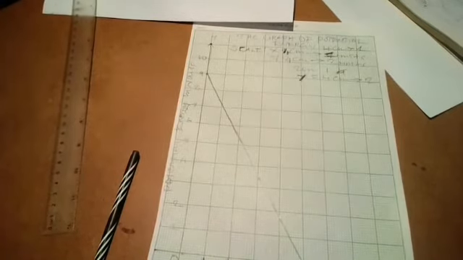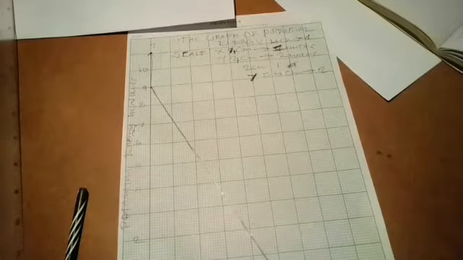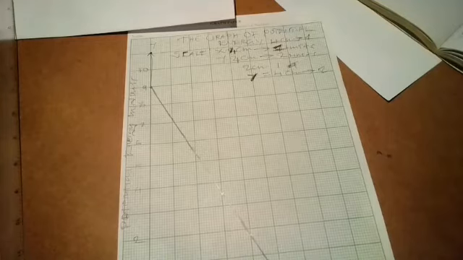The next question is requesting us to calculate the height of the inclined plane when the potential energy was 91 joule if the mass of the ball was 900 grams. For C, let us ignore it for now since we're only dealing with the graph.